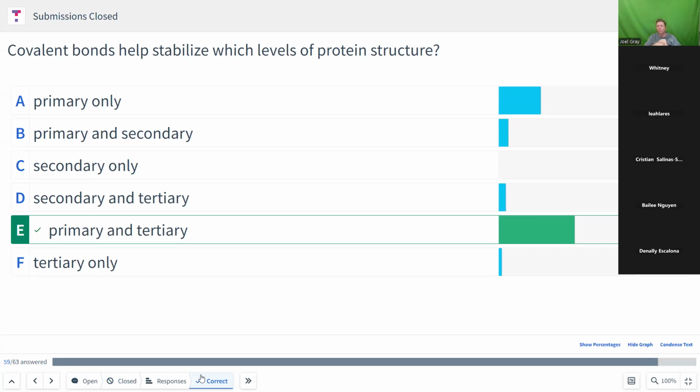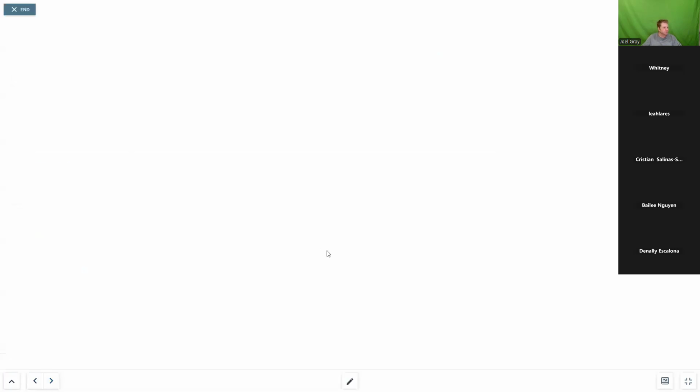Now, if this question were worded where covalent bonds exclusively stabilize which level, well, then it would be primary only, or this is the only force that stabilizes this level. Tertiary structure, you have a mix of almost every single different type of interaction that helps stabilize it.